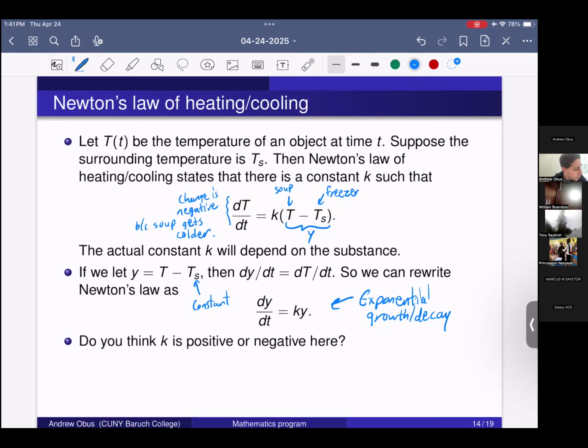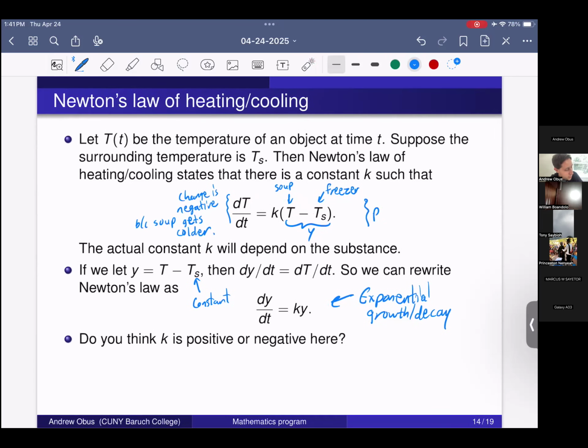So what we see is this side over here is positive, or at least this y over here is positive, and the left-hand side here is negative. The only way that can be true is that this k here also has to be negative, right? Because we've got a positive quantity here and a negative quantity here.